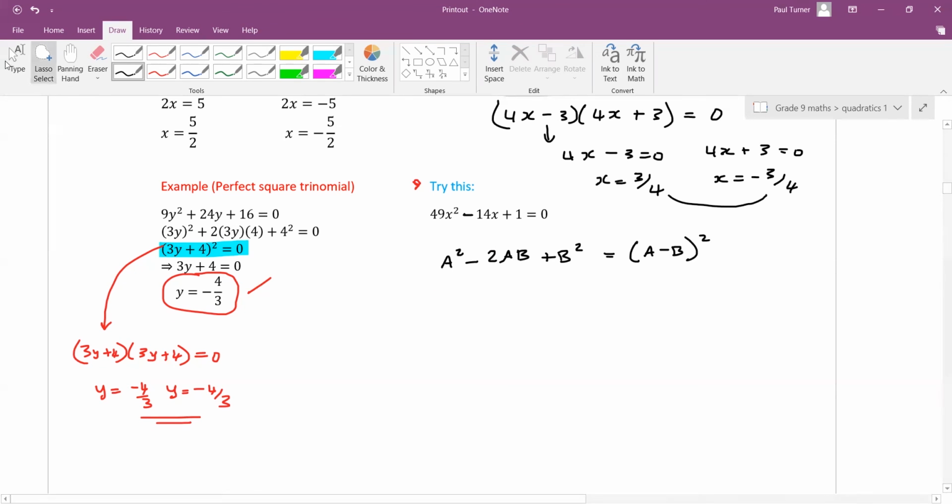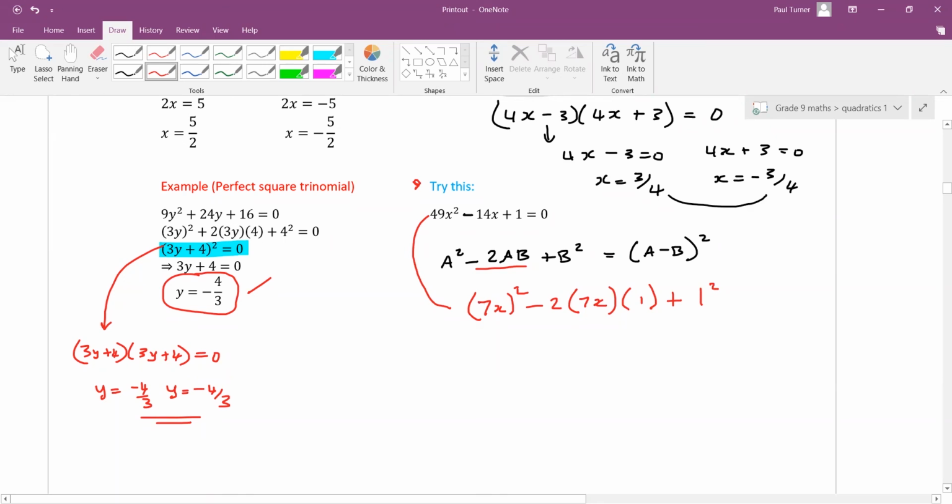So in this question here, let's take a look. So you've got 49x squared, and we know 49x squared is 7x all squared. So change that to power 2 with a bracket. Now our formula says minus 2ab. So we go minus 2, a is 7x, b is actually going to be 1, plus b squared.